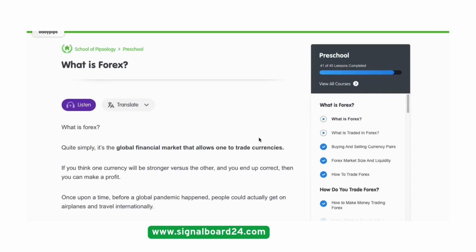Basically, Forex is simply the market that gives you access to different investments on the global market. Think of currencies such as the euro and the dollar.